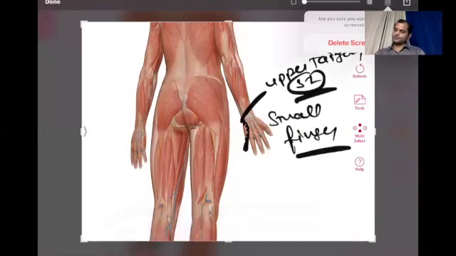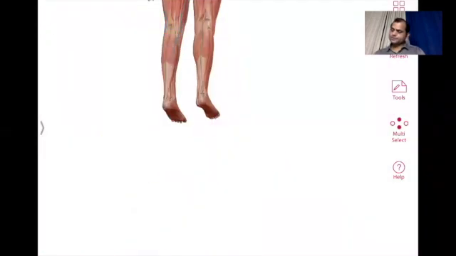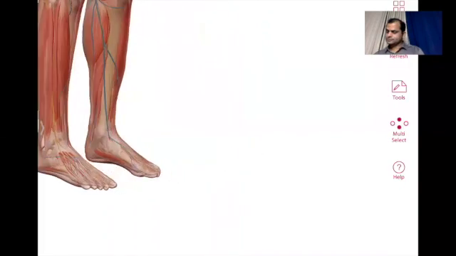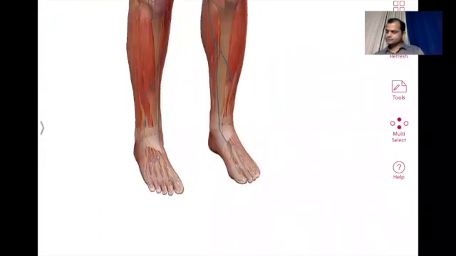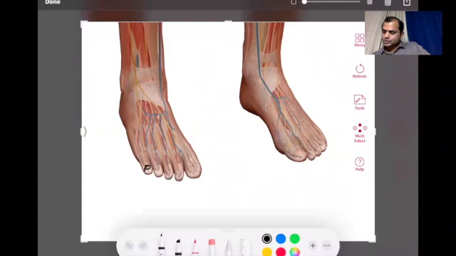And see the beautiful energy rule. What is the beautiful energy rule? If it starts from the small finger, it also ends on the small toe.